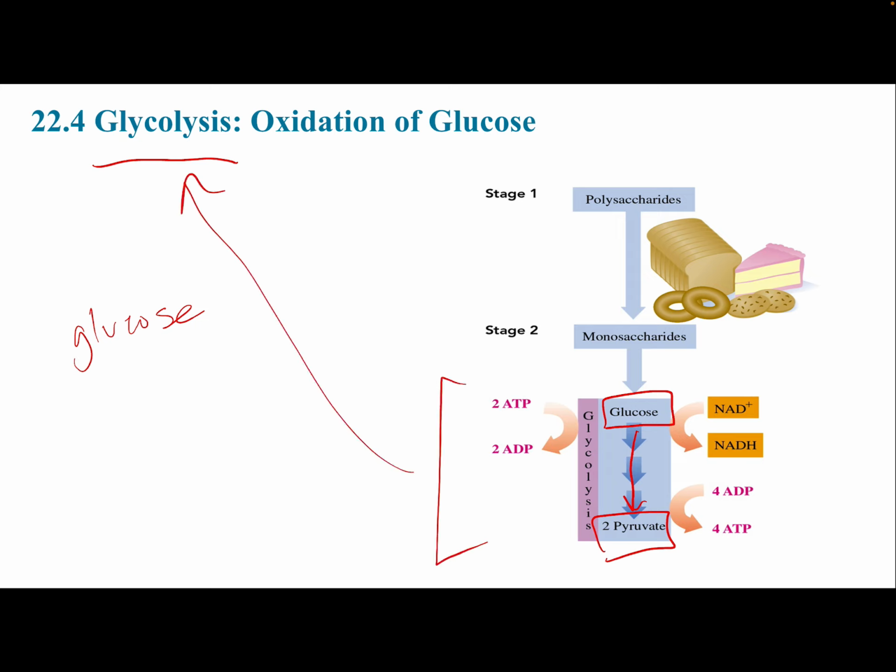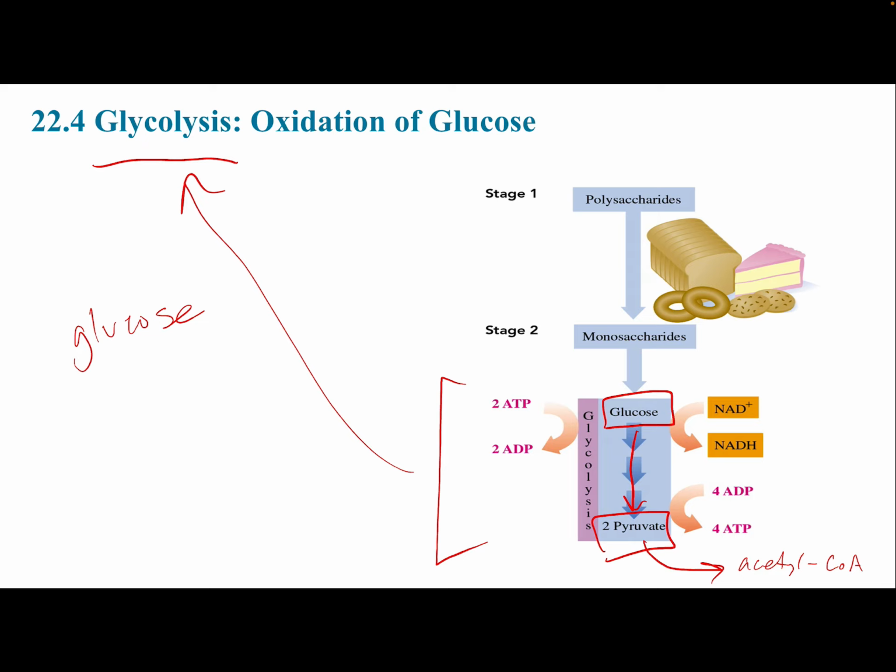Now, pyruvate will get converted into acetyl-CoA. Okay, which is, remember, the coenzyme A with an acetyl group. Acetyl-CoA will then enter the citric acid cycle, and we'll look at that in the next chapter.